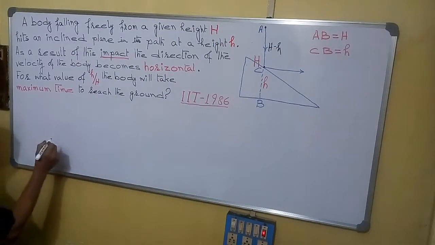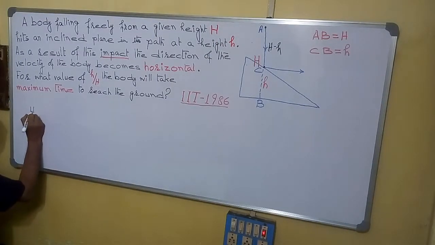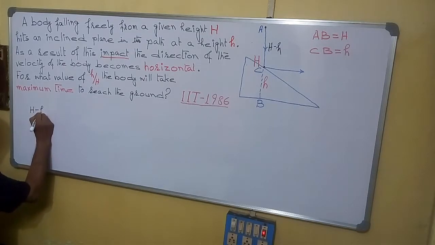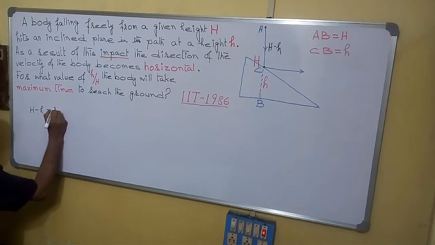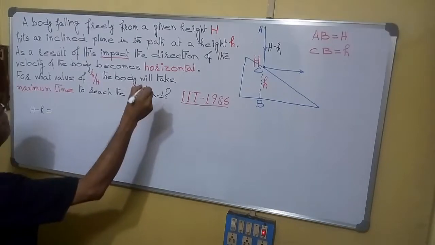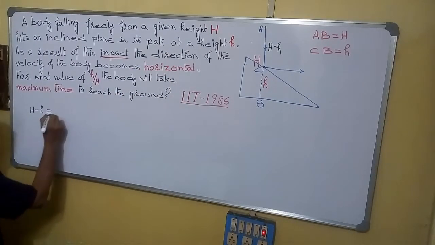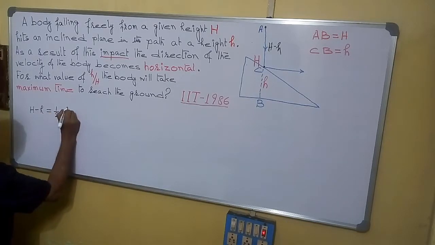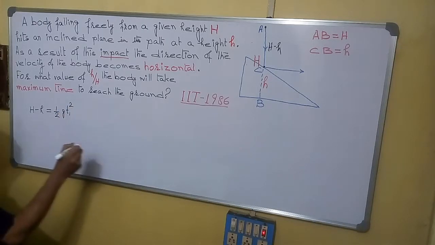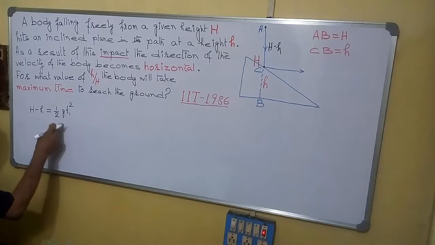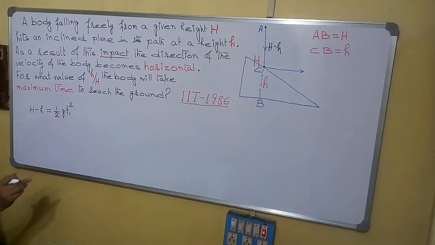So what we can write: H minus h equals, since it is falling freely from a given height, so u is 0, half g t1 squared, let us assume time taken is t1. So H minus h equals half g t1 squared.